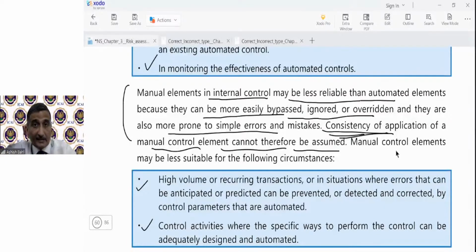If there are transactions happening in large volumes, in great numbers, or happening repetitively, of a recurring nature, then manual elements may not be suitable and automated elements are more suitable. And if the control activities can be automated, then also automation is useful.